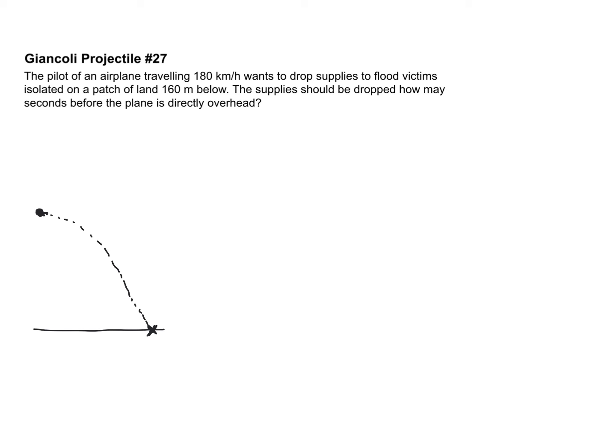Now the initial velocity of this airplane, and therefore the package, because the package is on the airplane, that initial velocity, which I'll label as Vx, is 180 kilometers an hour forward. And the height of the airplane above the ground is 160 meters. Okay, that's the information we're given.